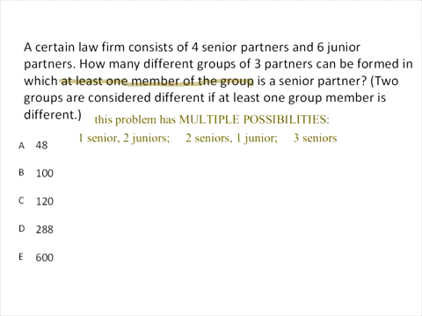So 1 senior, 2 juniors, let's talk about how you would pick that. Again, notice that, does order matter within these people? Type in a text box. Your answer may be more than a couple of words long, but go ahead and type. Among these people, does order matter? 1 senior, 2 juniors.